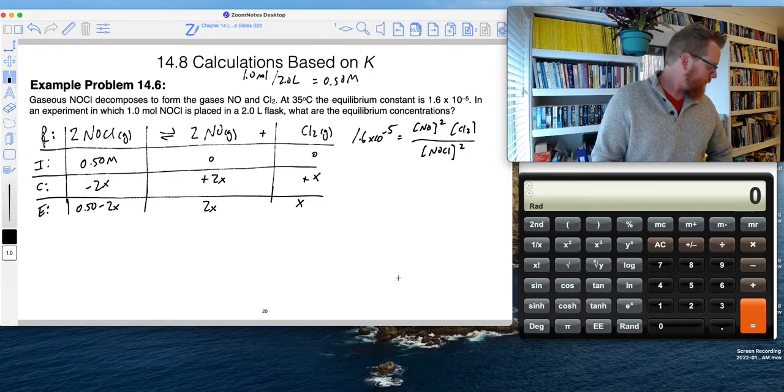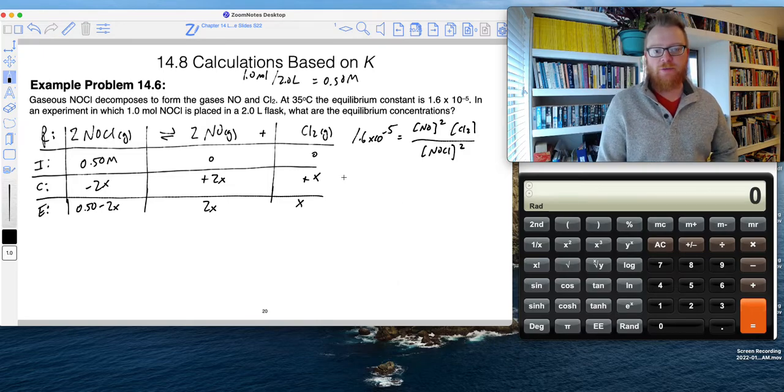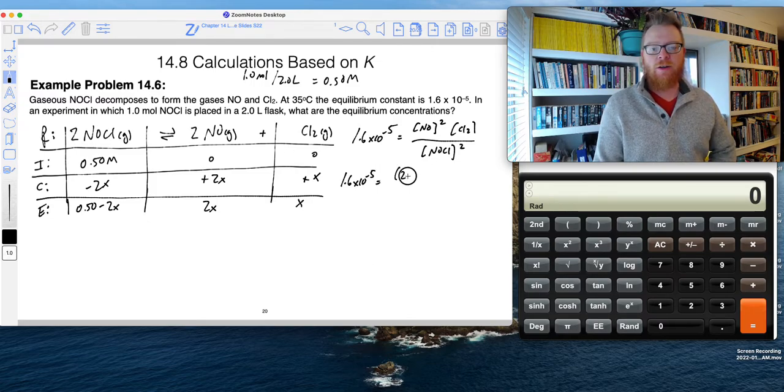Now let's plug all this stuff in. So that's 1.6 times 10 to the minus 5 equals NO squared, so that's 2X all squared, times Cl2, which is just X, divided by NOCl squared, 0.50 minus 2X all squared.